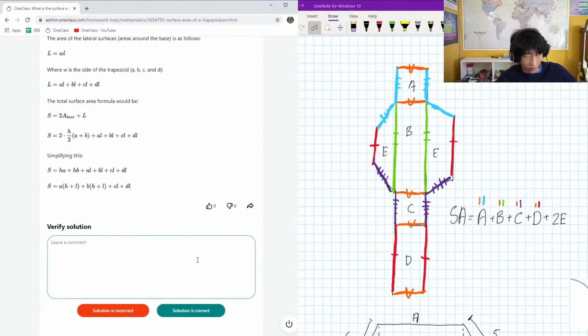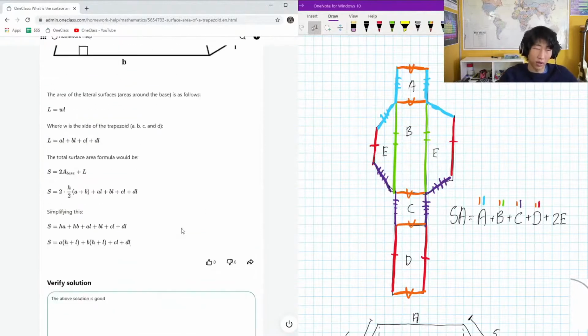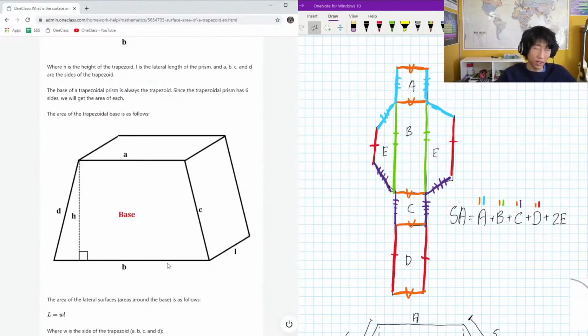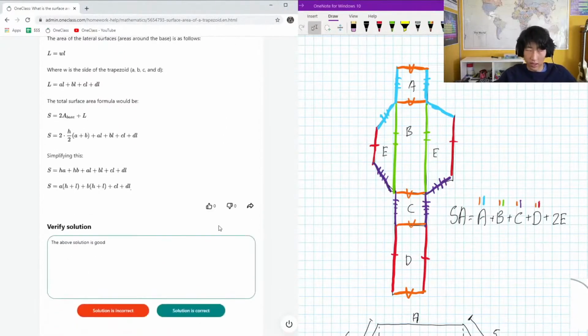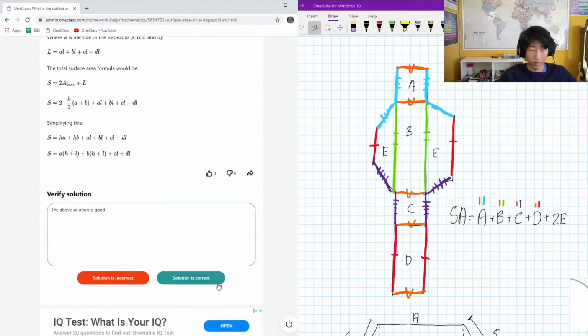So yeah, the above solution is good. Most of the time you'll be given most of the information that you need, like A, B, C, D, and H, and L. If you're given all that, it really is something very straightforward to handle. Okay, cool.